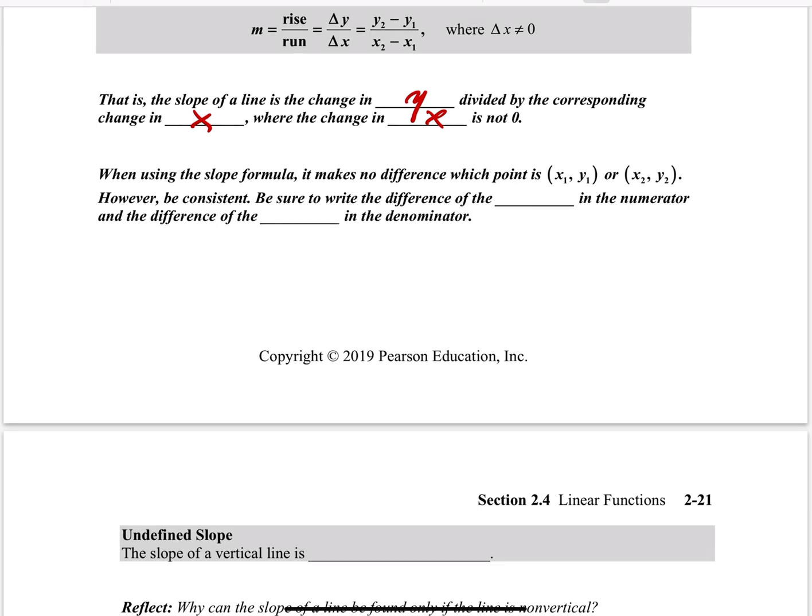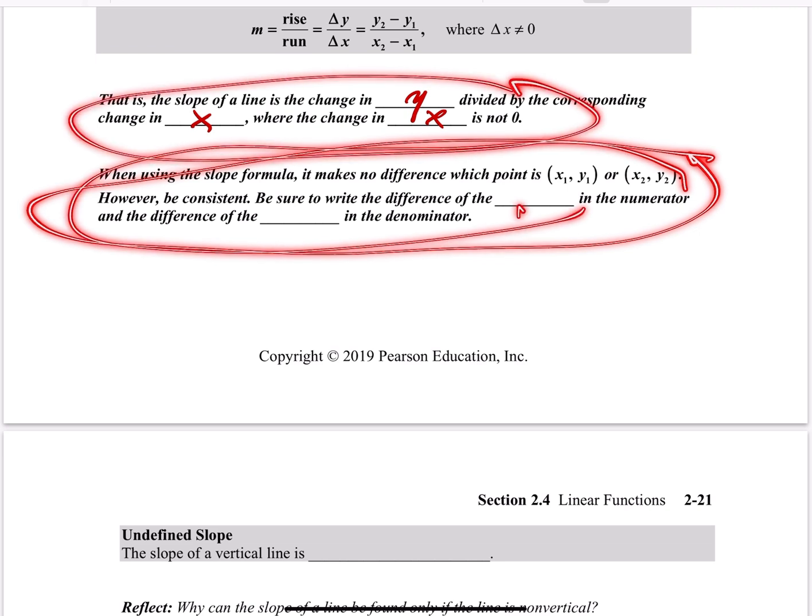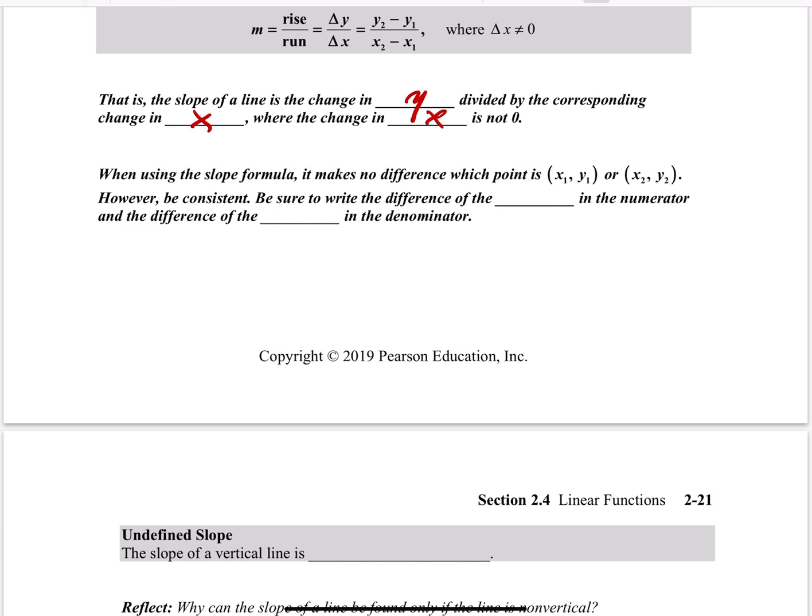When using the slope formula, it makes no difference which point is x1, y1, or x2, y2.